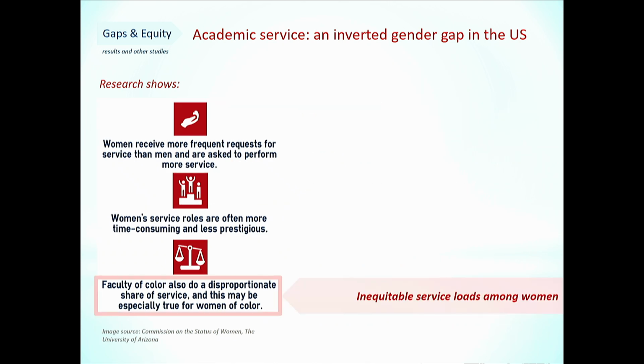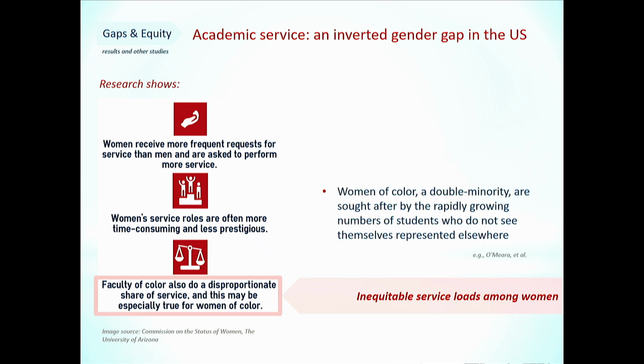Lastly, the last aspect that I want to talk about today in connection to service is that inequitable service loads might occur among women, even among women. Faculty of color do a disproportionate share of service, and this may be especially true of women of color.